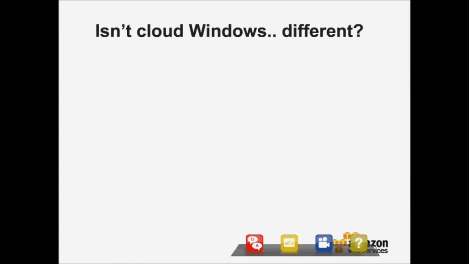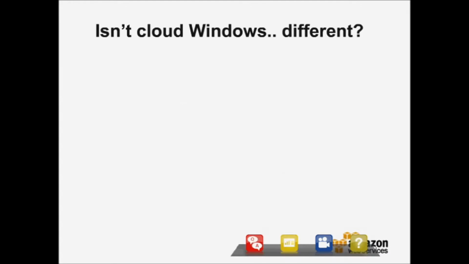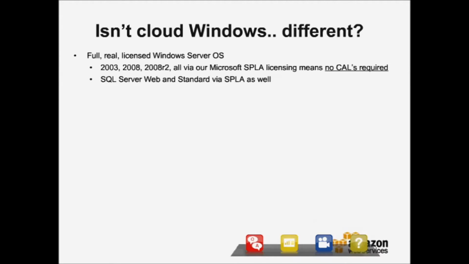We have a lot of folks that have asked us about the differences between running Windows in the cloud versus running Windows and SQL Server workloads in their on-premise environment. There are a couple of places where our stuff is much more similar to running Windows in a standard, local way than you'd expect.